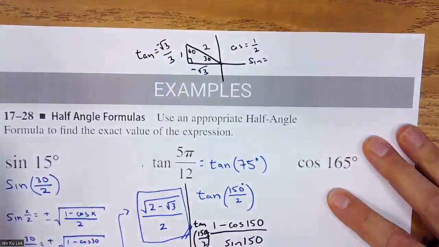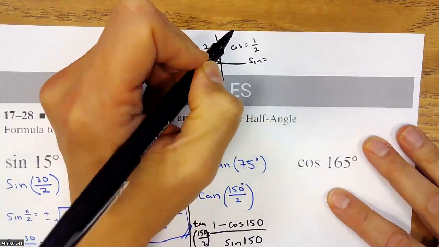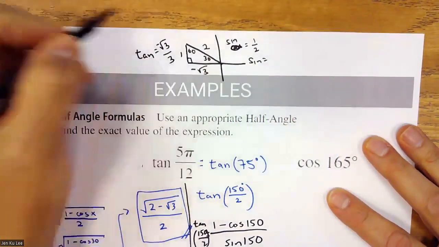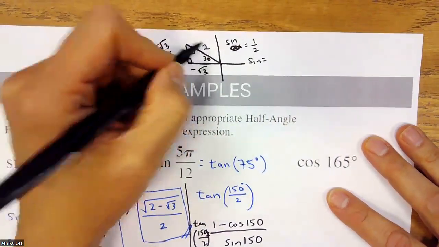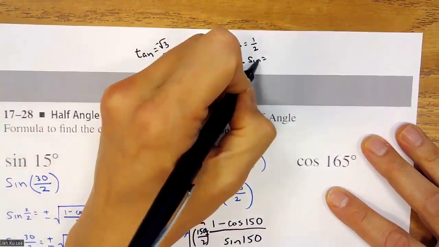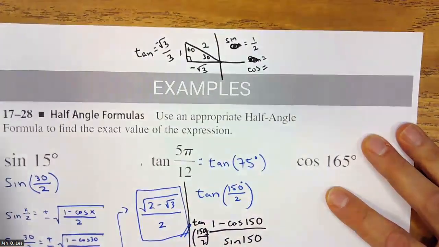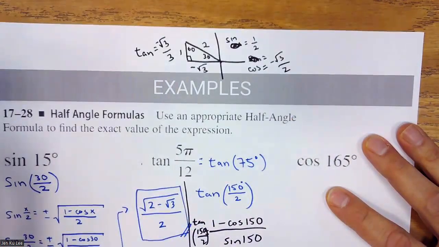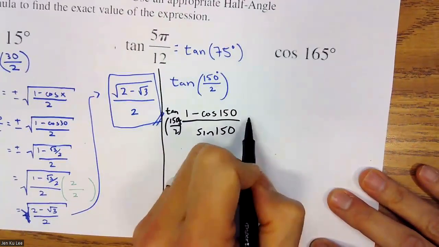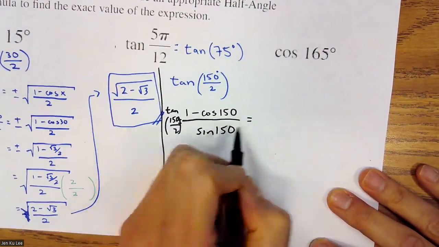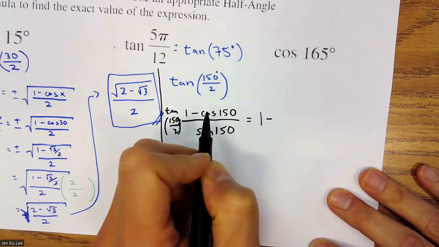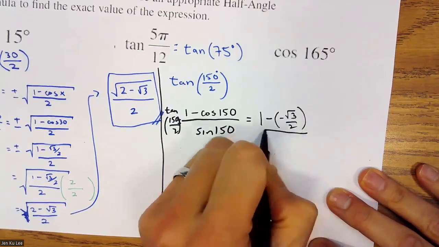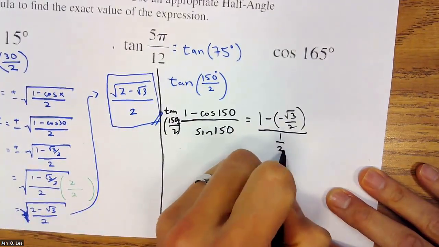And the sine of this angle is 1/2, opposite over hypotenuse, or y over r. And the cosine of this angle equals negative square root of 3 over 2. So if I plug in those values, that would be 1 minus negative square root of 3 over 2 over 1/2.